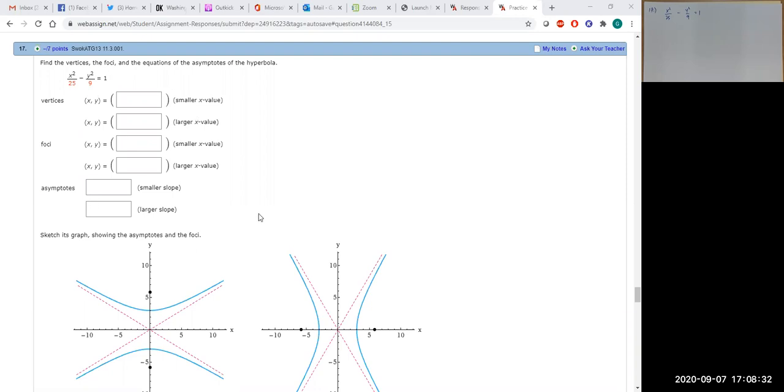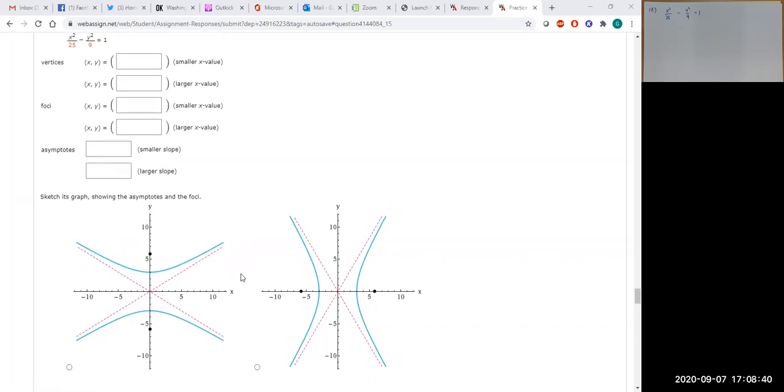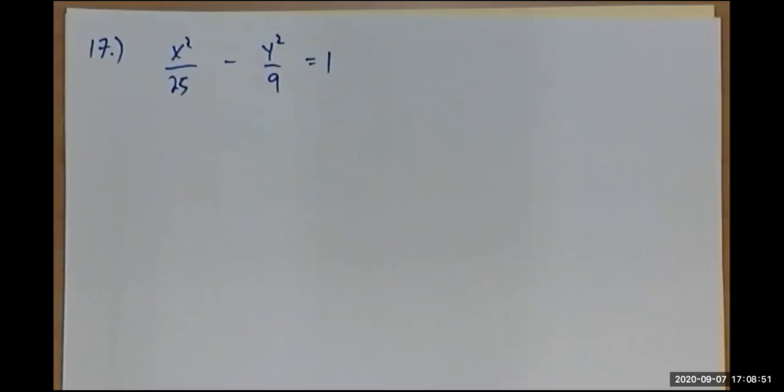You can look at these. Now these are pictures of the possible graphs, but the asymptotes are these dashed diagonal lines. It's not something new with hyperbolas. So vertices, foci, asymptotes, and then the sketch of the graph. So let's go ahead and just start working through these.